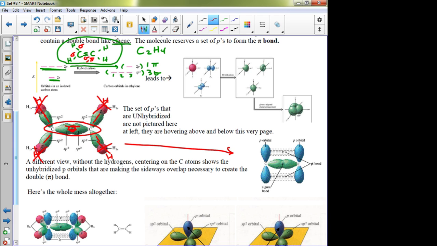Okay? This part of the p orbital is colliding what? Head-on. So there's my sigma bond. These 2 are what? Side to side, right? So this is where I'm going to get my pi bond. And the pi bond overlaps on the top and the bottom.